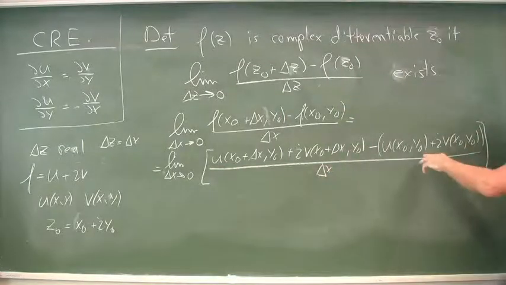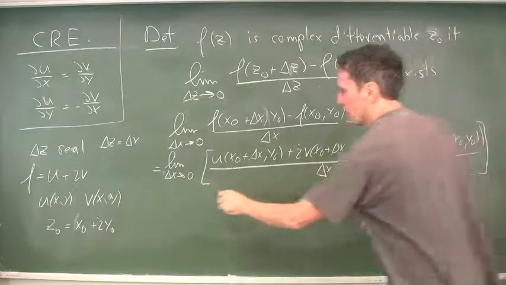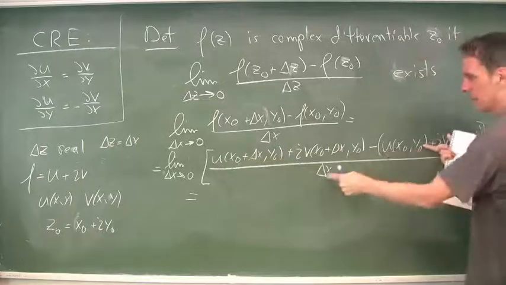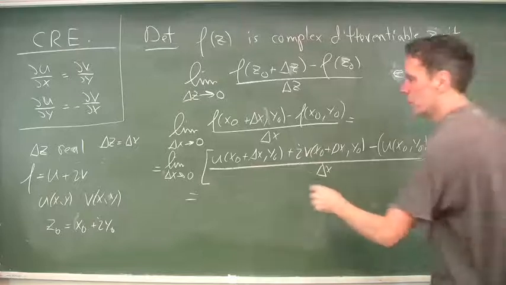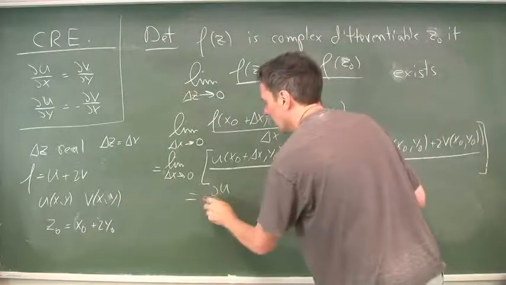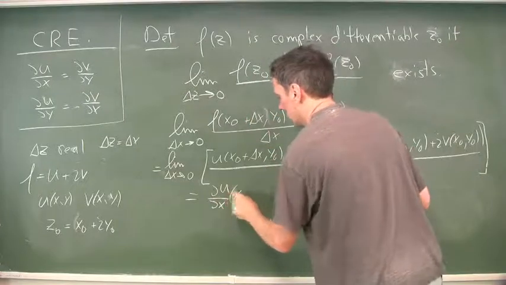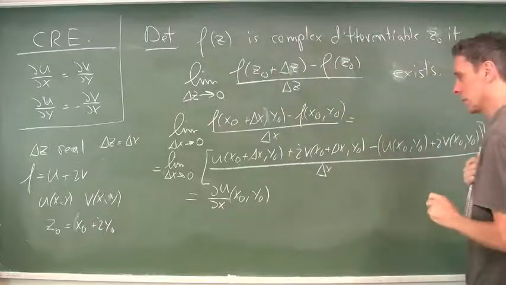If we split this up into two parts, we see that this term minus this term, divided by delta x, will obviously converge to the partial derivative of u at the point x naught y naught.